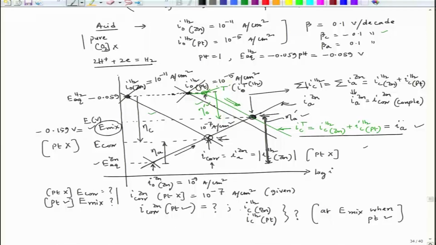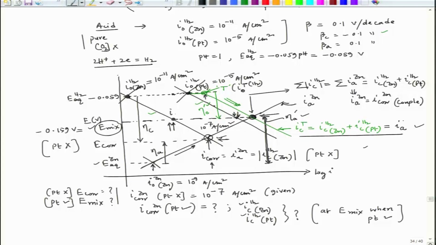In fact, now these two values one can easily find out, though we will not do it here, I am leaving it to you, because now if we see this particular line which is the E corr line, and now that line cuts the hydrogen evolution reaction on zinc surface at this point, and hydrogen evolution reaction on the platinum surface at this point.